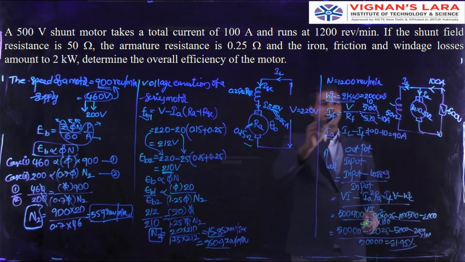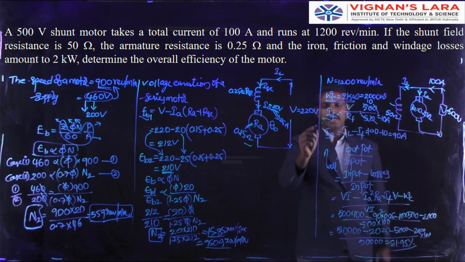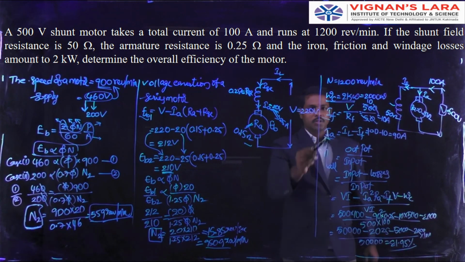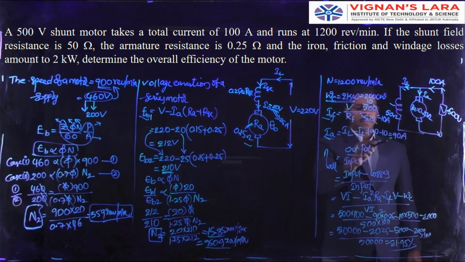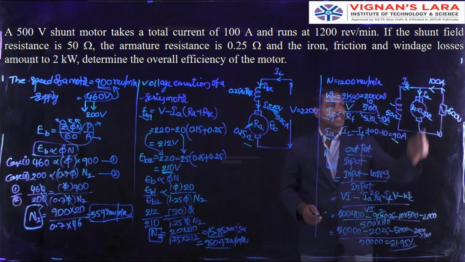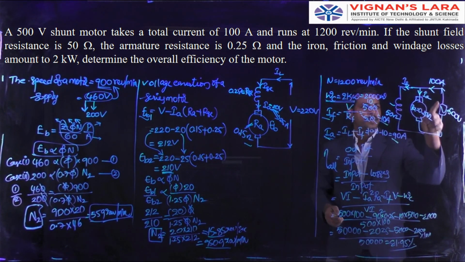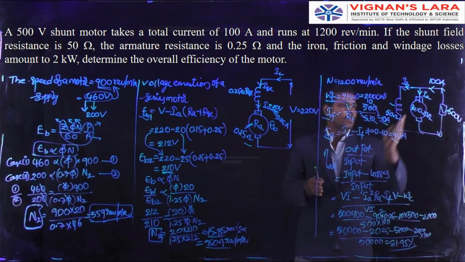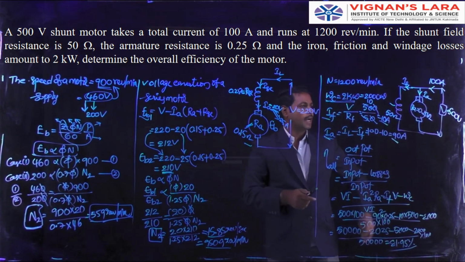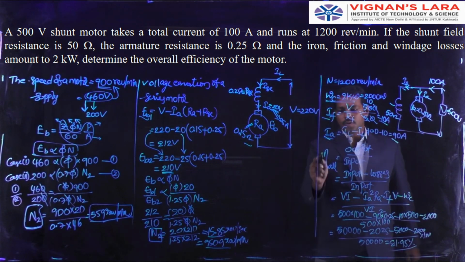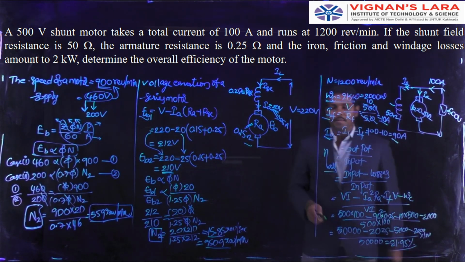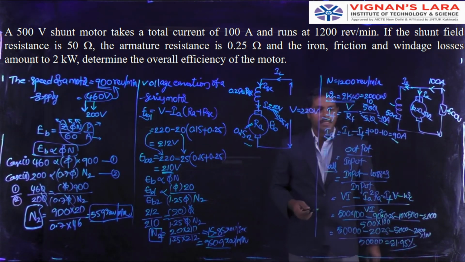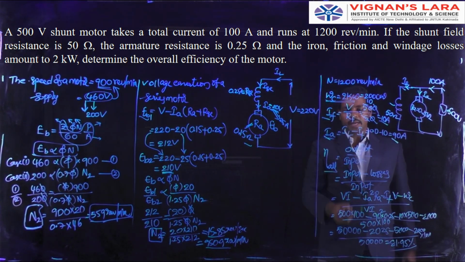and the field current and armature current are represented in amps, which are 10 amperes and 90 amperes. The input current drawn from the supply is 100 amperes, which is divided into two parts: the armature current and the field current. So we can find the efficiency of a machine or motor, which is output divided by input.